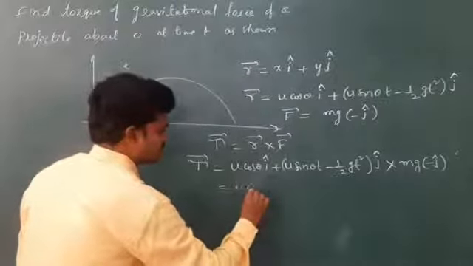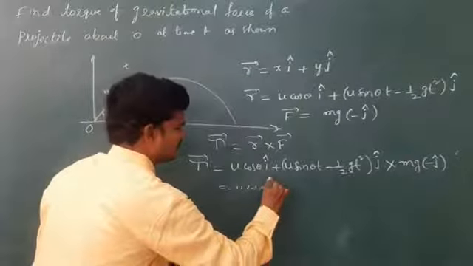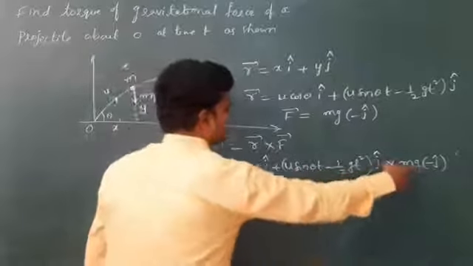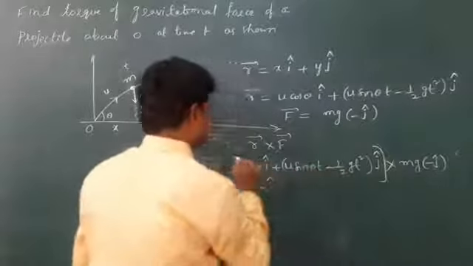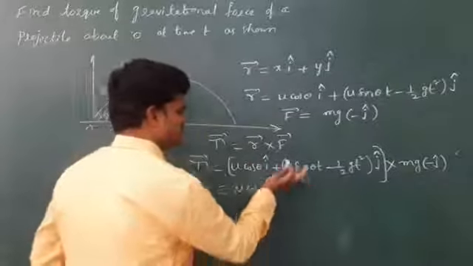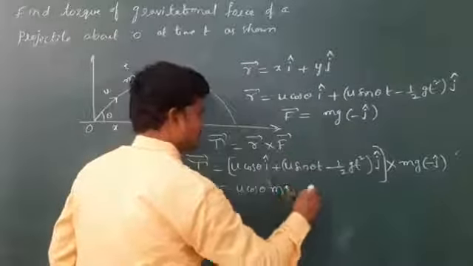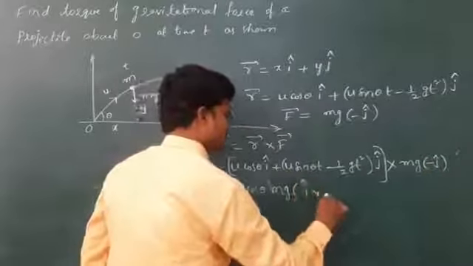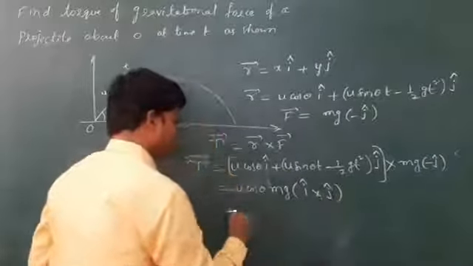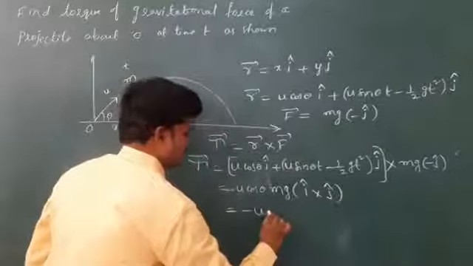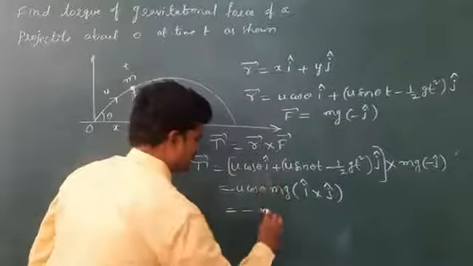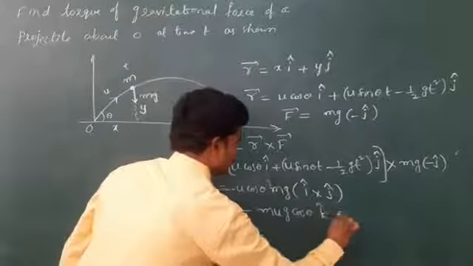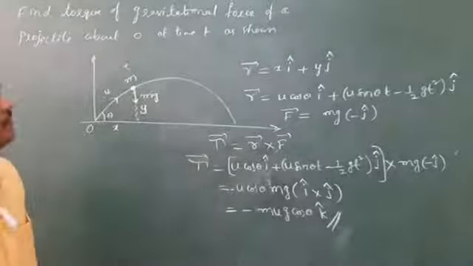So let us multiply u cos theta i cap; j cross j is anyhow 0. So u cos theta, mg, and minus is there, minus i cross j. i cross j from the vector rules is k. So m u g cos theta t k cap is the required answer for this one.